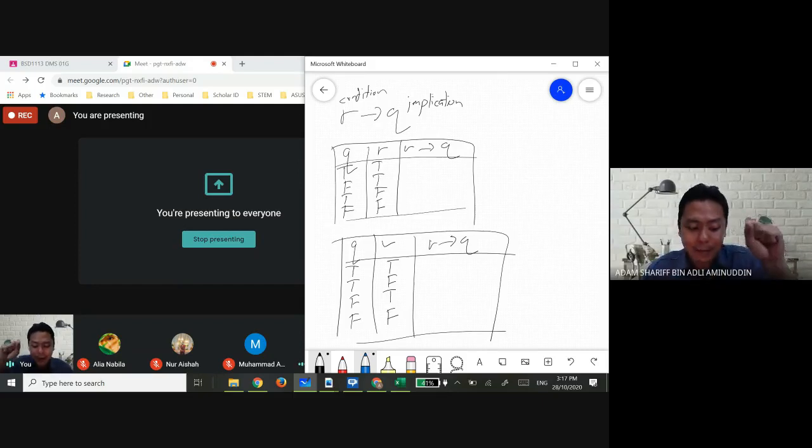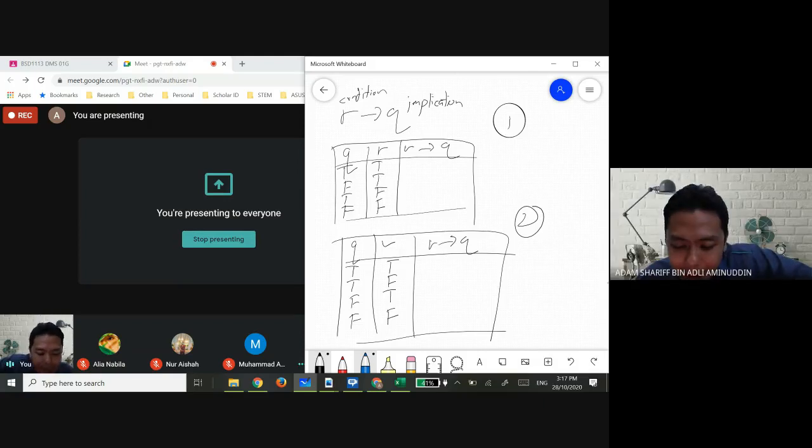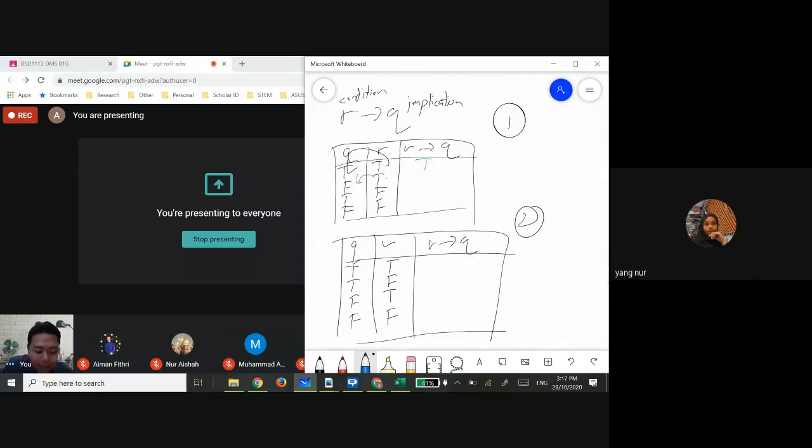Okay. Refer balik dekat slide tu, open the slide bahagian conditional tu. Yang mana depan, mana belakang. Alright. For this one, R implies Q. Saya baca macam mana? R di depan, R is the condition. So T implies T, dia jadi T. T implies F, false.